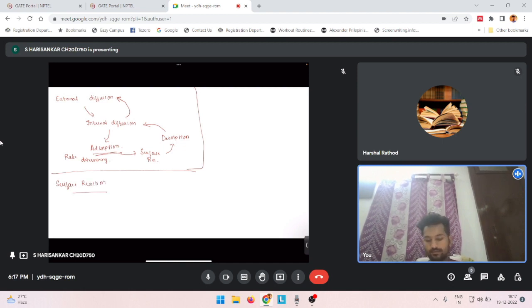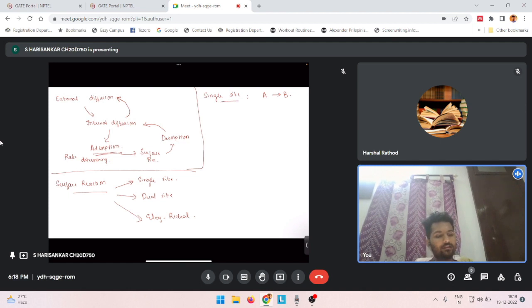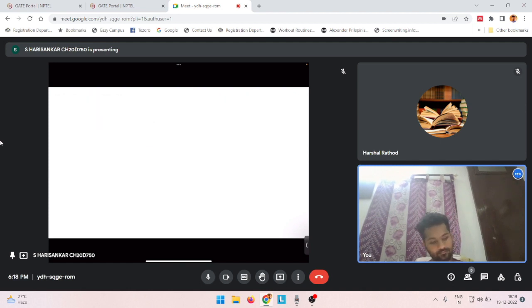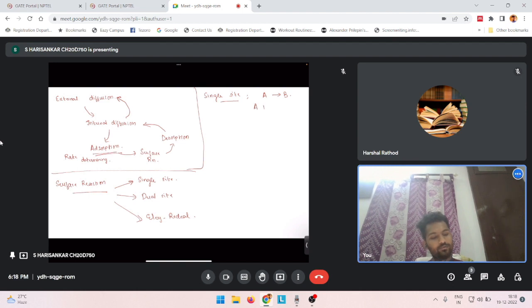Surface reaction can also be of 3 different kinds: single site reaction model, dual site reaction model, or there is a special case called Langmuir-Hinshelwood radial model. In single site, if we take an example of the reaction A giving B, then the steps will be: A will first get adsorbed to a vacant site.